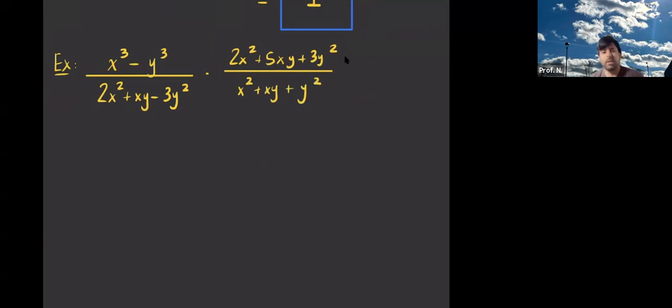My goodness gracious. So look what we have here. We have a couple things to worry about, right? So the numerator here, what's the numerator here? Difference of perfect cubes. So this becomes immediately what? x minus y multiplied by x squared plus xy plus y squared.